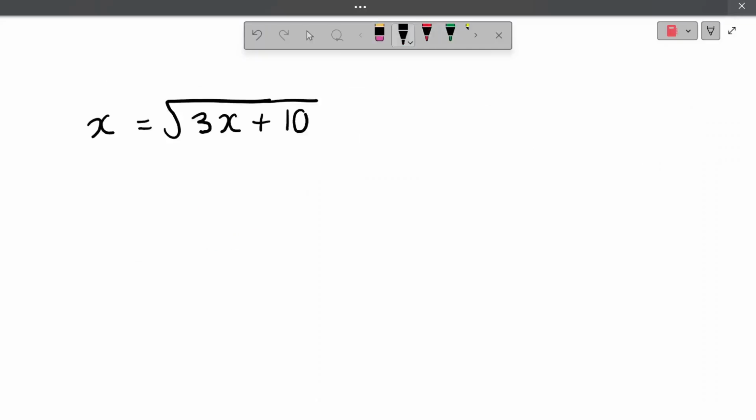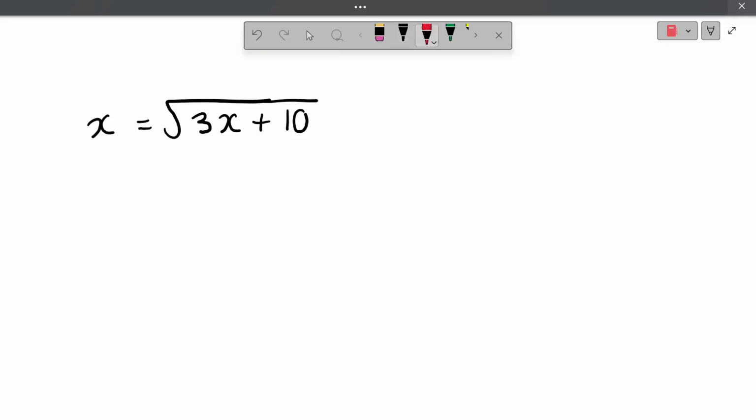minus 3/2. Here we have another question, where we have x equals the square root of 3x plus 10. Now, I don't particularly like this square root, but it isn't too bad because it covers the entirety of this sign, including plus 10. So what I can do to get rid of square roots is do the opposite of square rooting, which is to square.